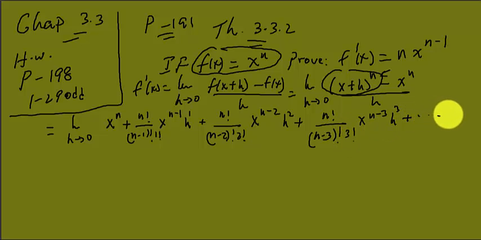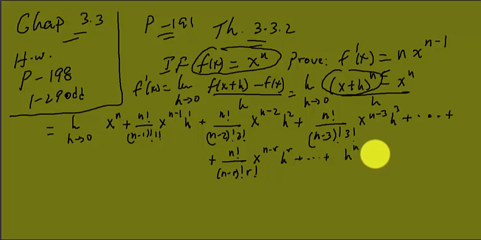Then some random term, x to the n minus r and h to the r, with n factorial over n minus r factorial times r factorial, plus dot dot dot, plus the last term, which is h to the n. That's just this part right there.